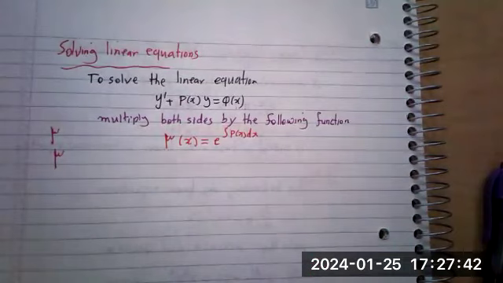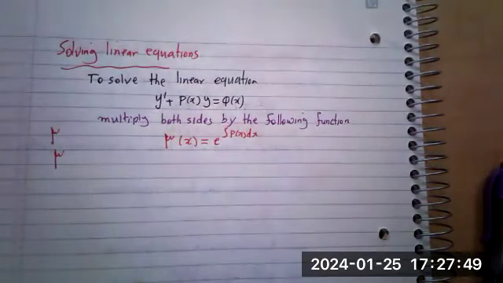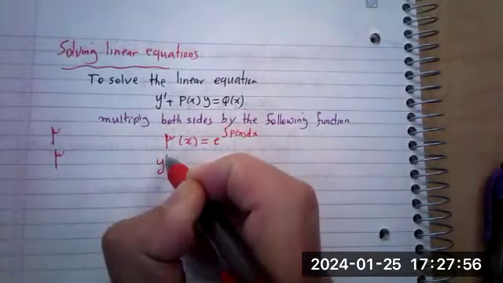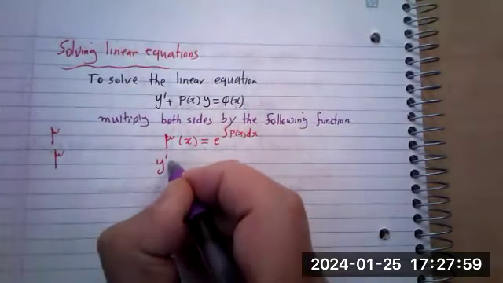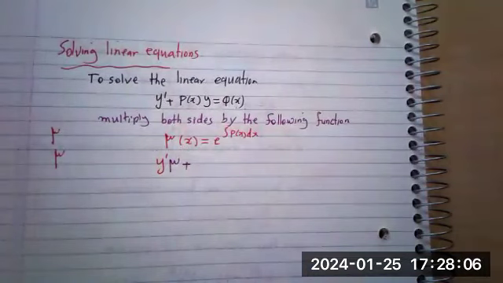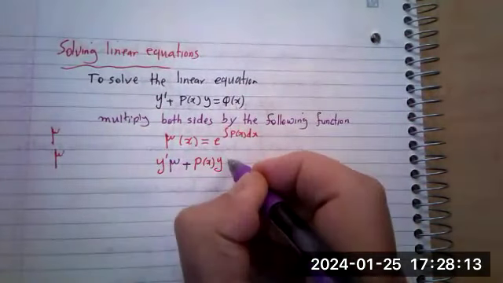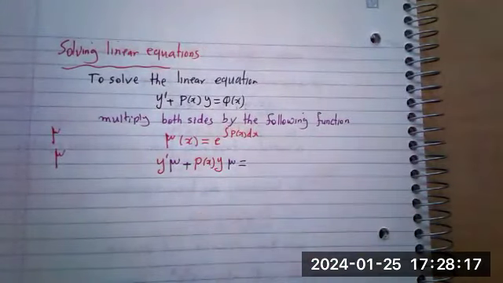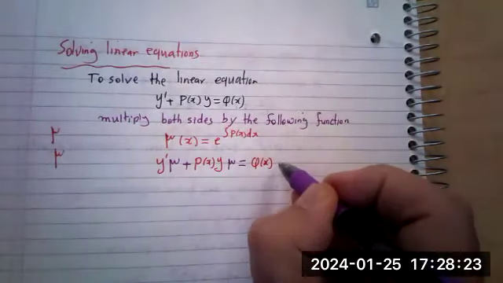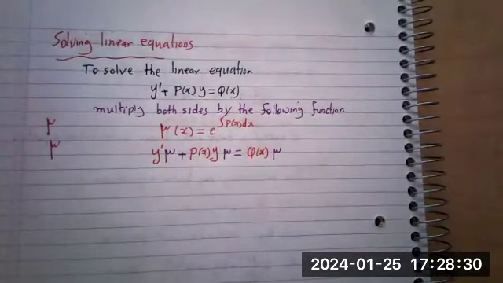Now multiply to see what the result is. Multiply both sides. So I have y prime times mu, plus p of x times y times mu, and over here I've already got the q of x times mu.